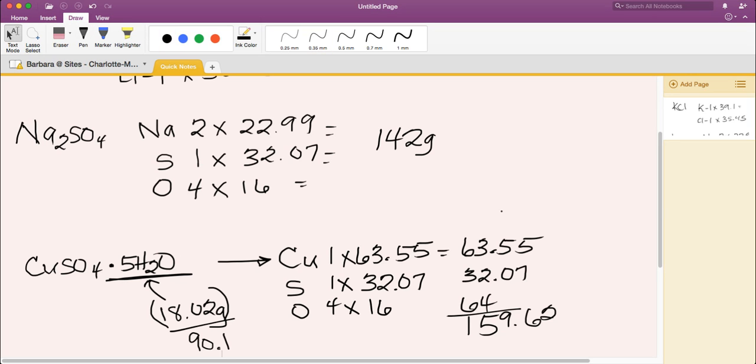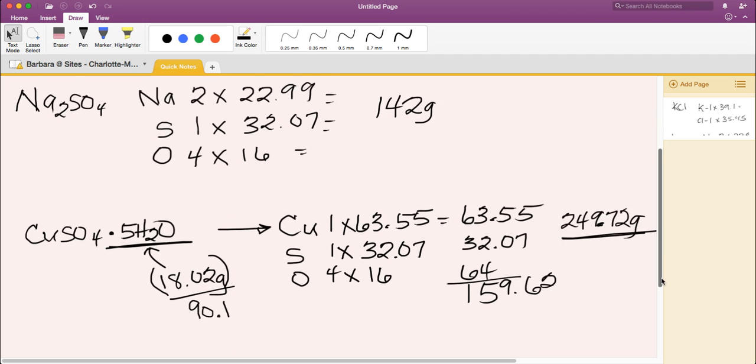So when you add your 159.62 plus your 90.1, you should get a total mass of 249.72 grams. All right, and that is the gram formula mass. So this is how we calculate the molar mass of a substance.